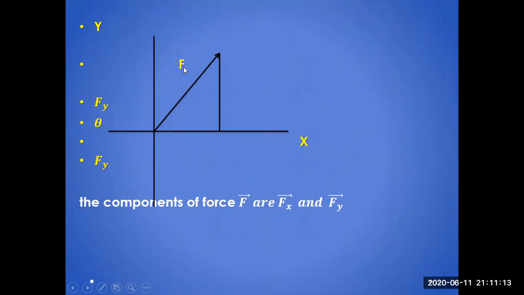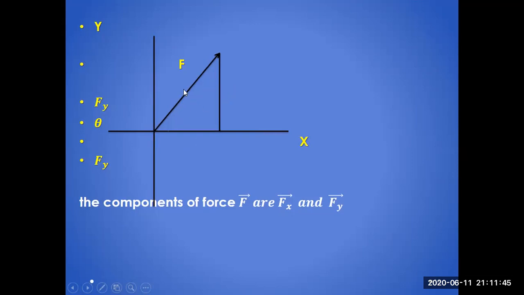A force is making an angle between x and y. This force is called F. We will draw a perpendicular from this point on the x-axis, and similarly a line on the y-axis. Then this component along the x-axis is called the x component of the force. It is written as Fx. This component is Fx, and this component along the direction of y is the Fy component.